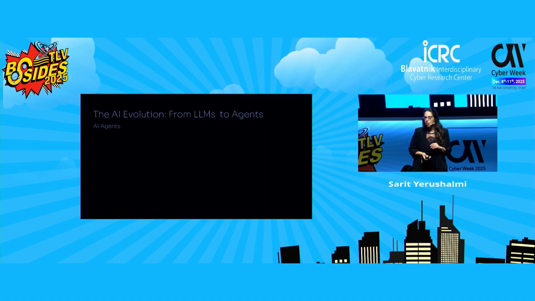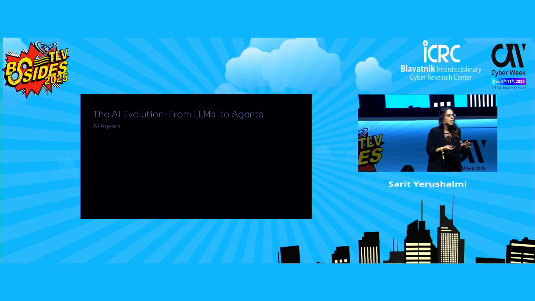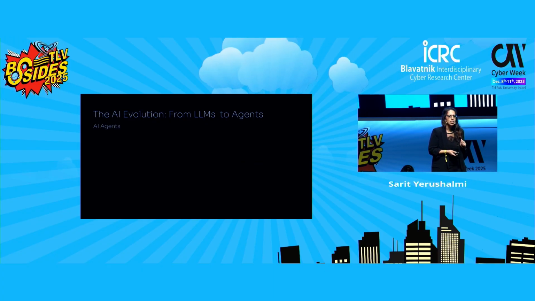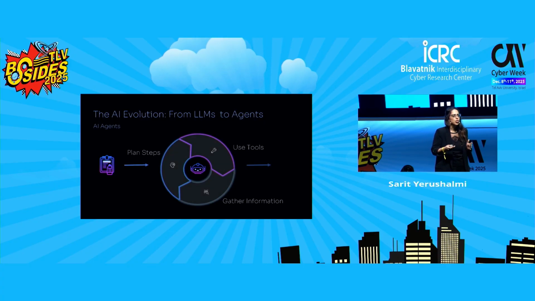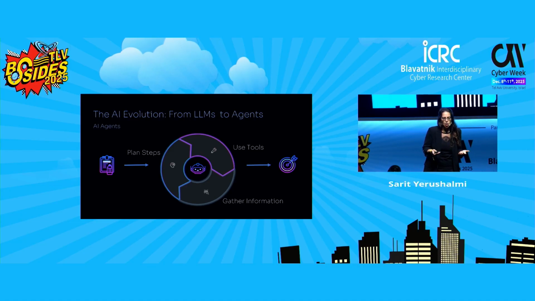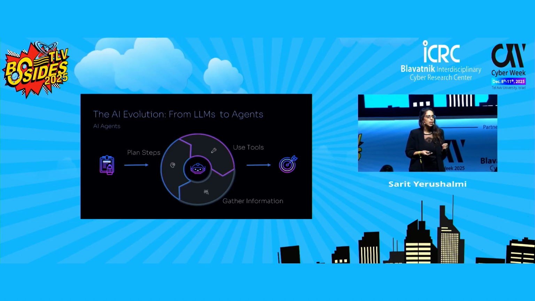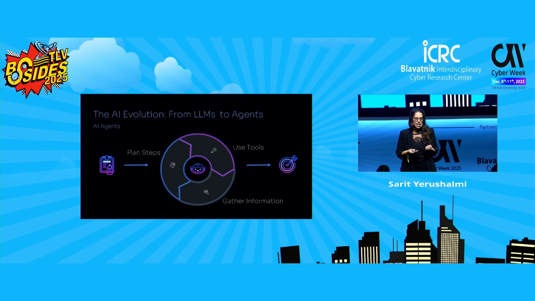And next we have AI agents. Now AI agents, you can think of an AI agent as a tireless digital assistant. You give it a goal, and it figures out the way to reach it by planning the steps, by using tools, and gathering information. And the key difference from AI workflow is that the LLM becomes the decision maker.